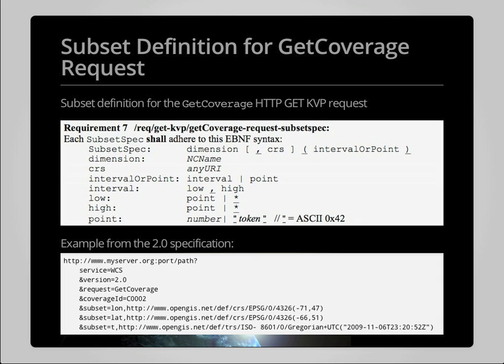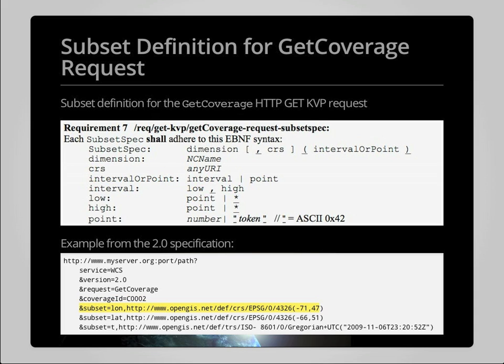And you can see an example of such a request from the 2.0.0 specification itself. In this particular example, there's service equals WCS, version equals 2.0, request equals get coverage, coverage ID, and then the identifier for the coverage, and then these three subset parameters.